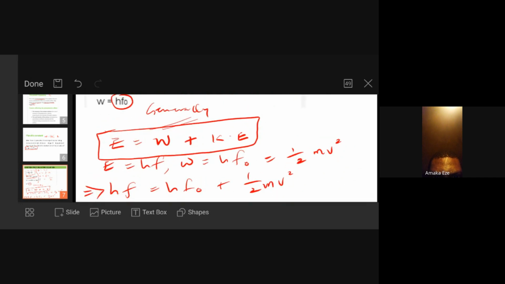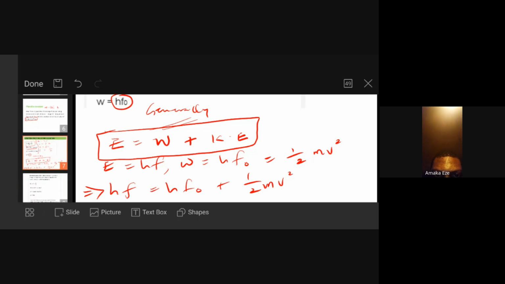That's hf equals hf naught plus 1 over 2 mv squared. And this is the general equation for solving problems involving the photoelectric effect. So take note of that, just in case you're asked to do anything.